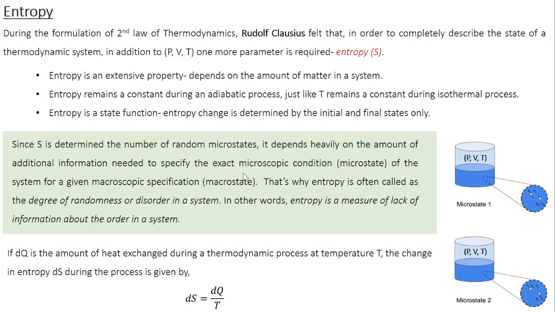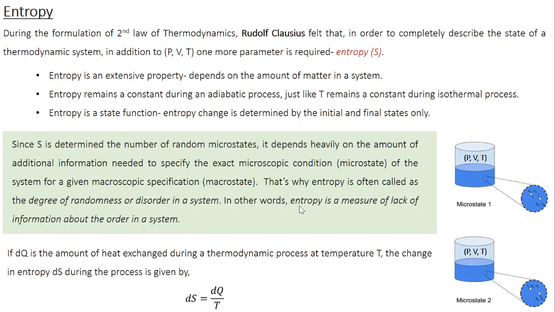So the more details you provide regarding the microstate, or the more microstates you identify, the more accurately you can specify the value of entropy. That's why entropy is often called the degree of randomness or disorder in a system.